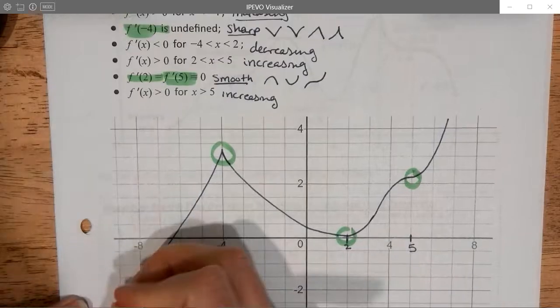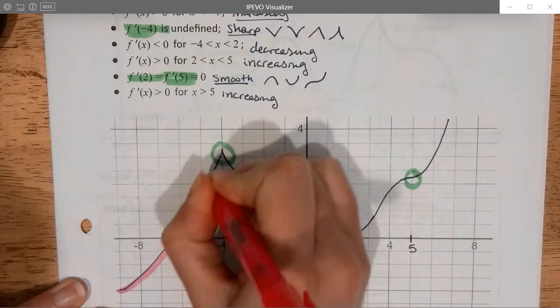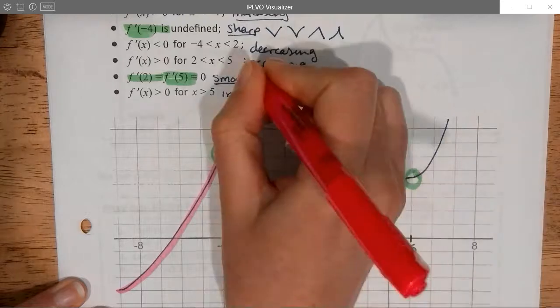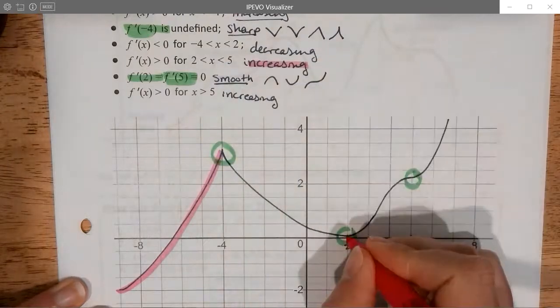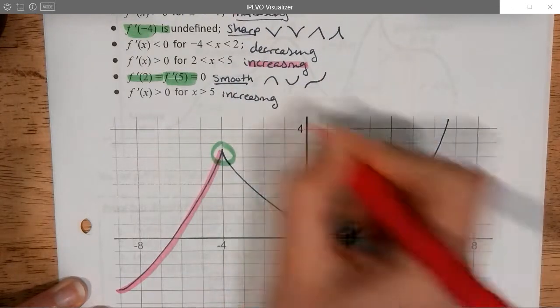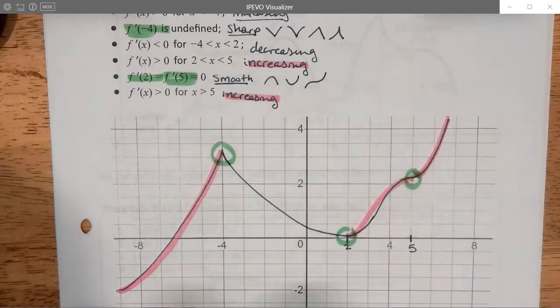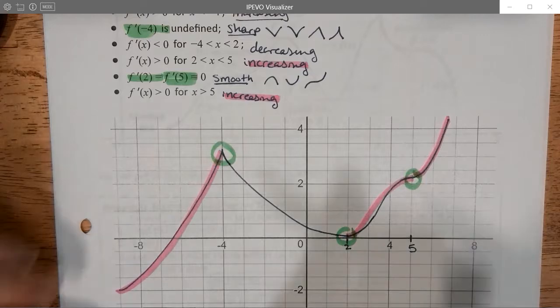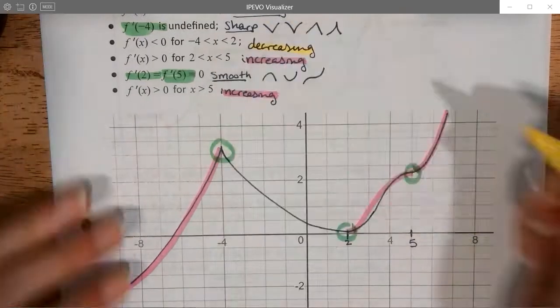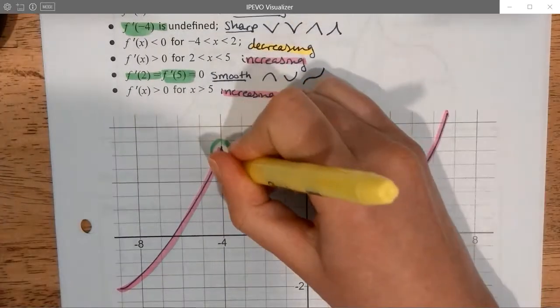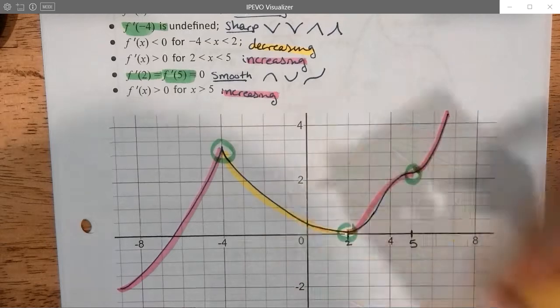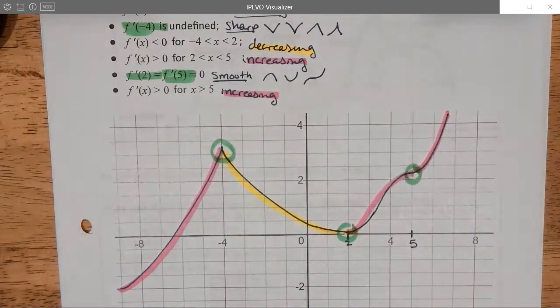So I had to be increasing for x values less than -4. I needed to be increasing for x values between 2 and 5, and I needed to be increasing for x values greater than 5. I also needed to be decreasing for those x values between -4 and 2. And so we have all of our conditions satisfied.